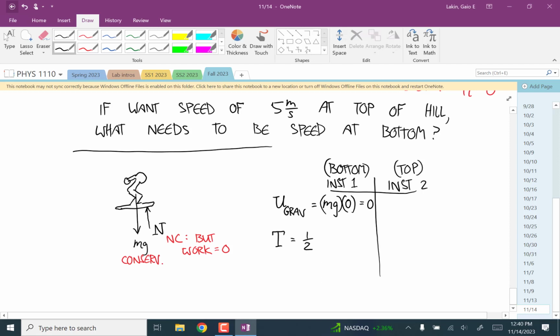That's 1/2 times the mass of the skier, and we don't know what that is. But what we're going to see is that it cancels out. And if the m cancels out of the equations, it tells us that the answer would be the same no matter what the mass of the person is. And then we don't know what the speed is. We're trying to calculate that, so I'll leave that as capital V.